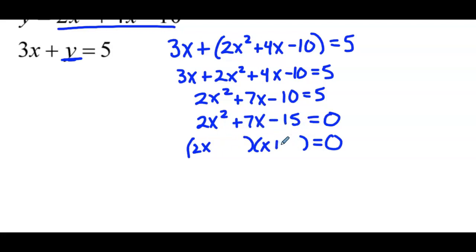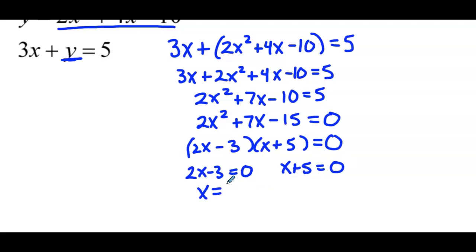So let's see, if this is plus 5 and that's minus 3, would that do it? So I'd have 10x minus 3x, which is 7x. So either 2x minus 3 equals 0, or x plus 5 equals 0. So x equals 3 over 2, or x equals negative 5.